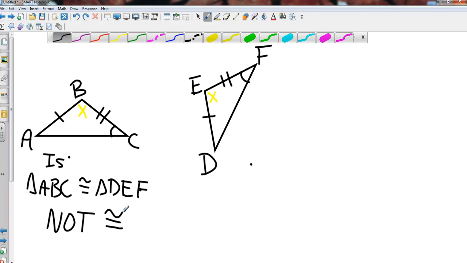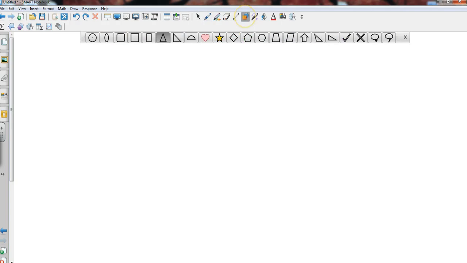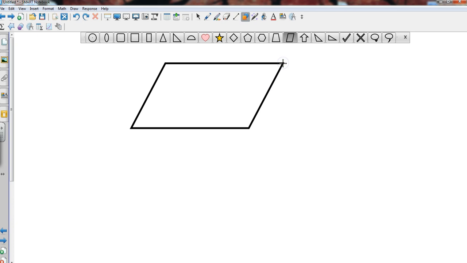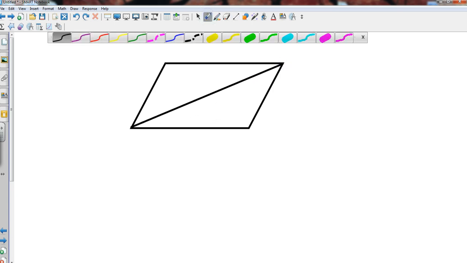Now, they're not always going to give you angles. Maybe they give you a lovely parallelogram. Let's see, where's my parallelogram? There it is. And then they make two triangles there.